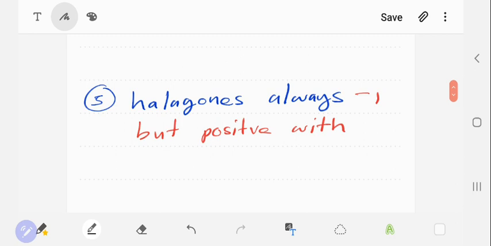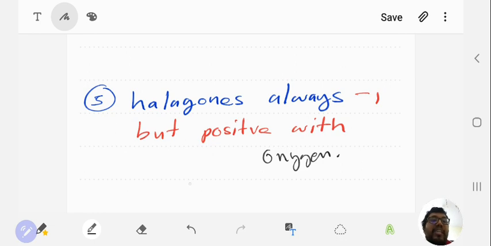Fifth rule: halogens are always -1, but positive with oxygen. Why halogens positive with oxygen? Because in the electronegativity series, oxygen is in front of the halogens.